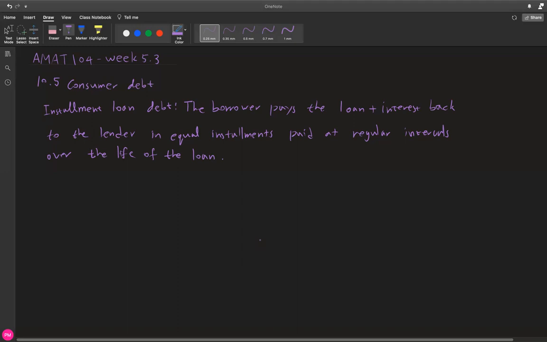So when the last installment is paid, we say the loan is paid off.